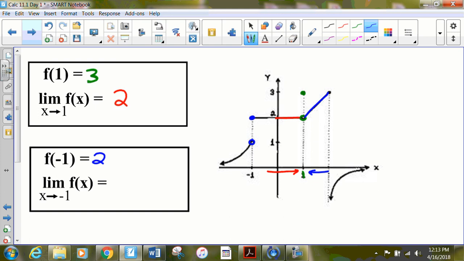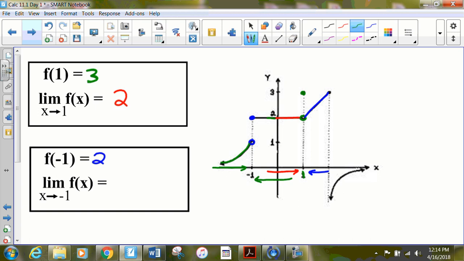As x approaches -1 from the left, the value of the function is moving up towards 1. And as we look at x approaching -1 from the right, we see that the graph is a constant.